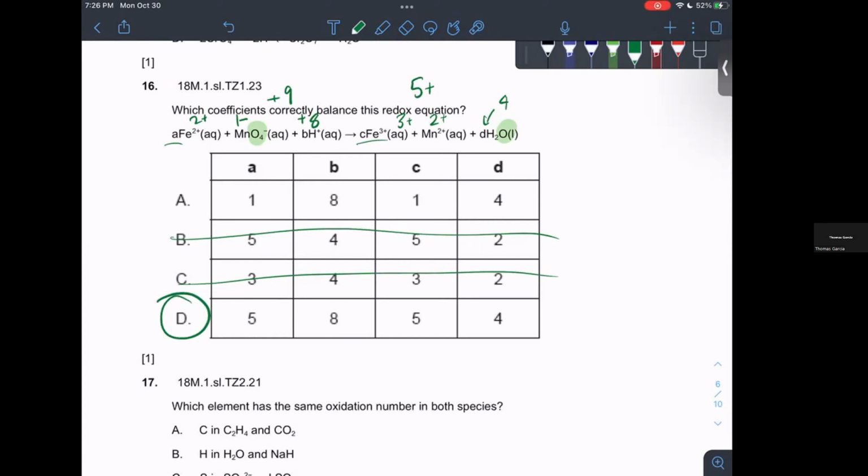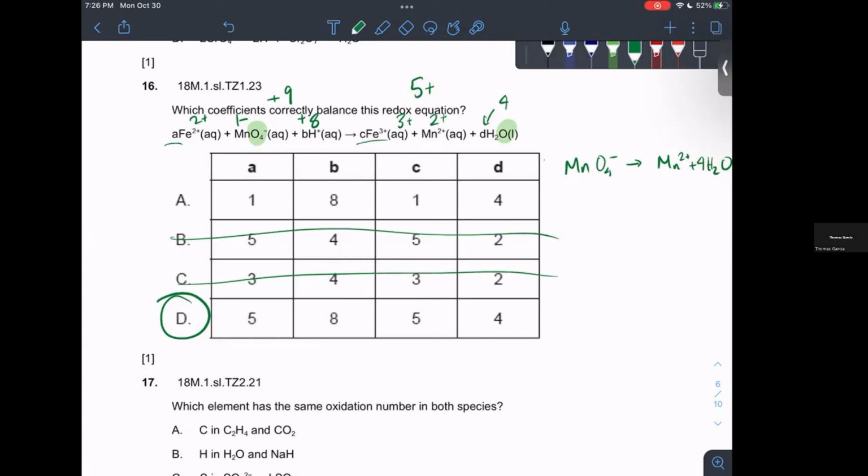The other option here is the coefficients of iron come from the half reaction of manganese. So I can look at manganese, MnO4 minus, reacts to form Mn2 plus. And if I look at this reaction, I realize I have to add 4H2O to balance out the oxygens.